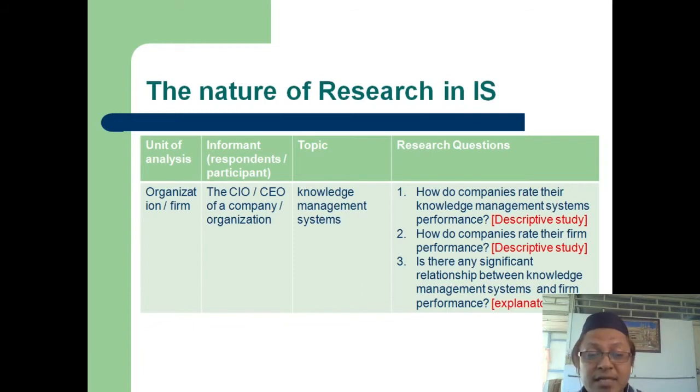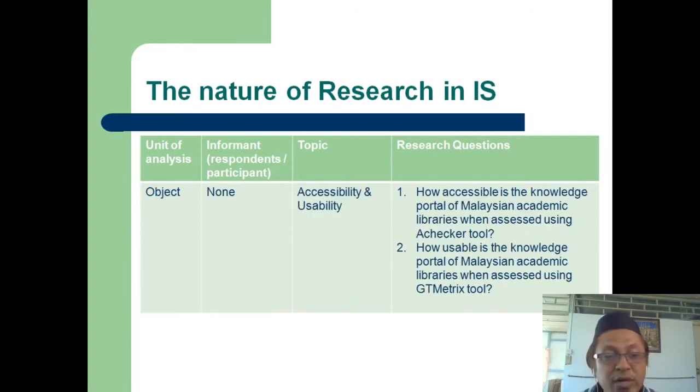That is the organization unit of analysis. But when you study individual, you are studying about the person, the software developer, for instance. So whatever question you ask is about the person, and he will be answering about himself or herself, not on behalf of the organization.